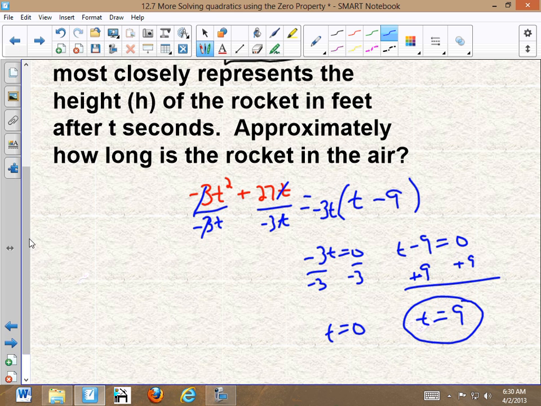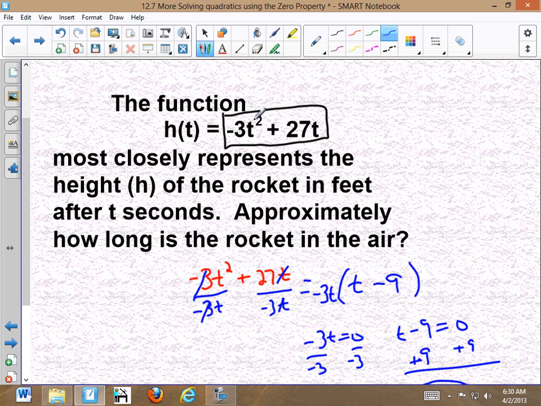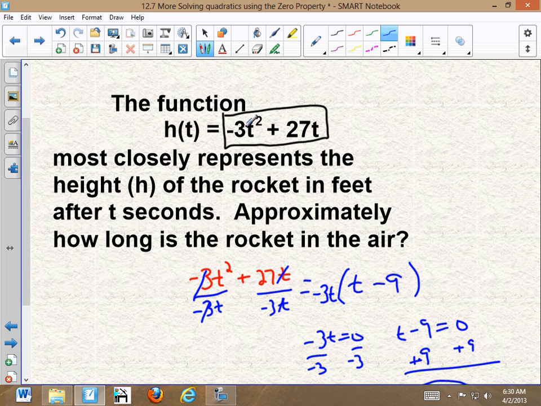Why is that your answer? Well, they're talking about this right here. This function represents how long the rocket was in the air. Okay? These numbers are derived from some scientist who tracked the rocket in the air. Don't worry about where we got these numbers from.